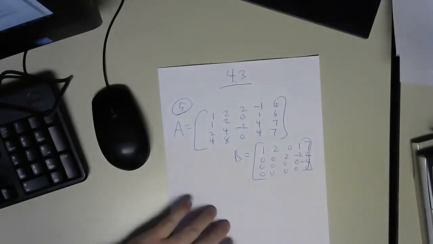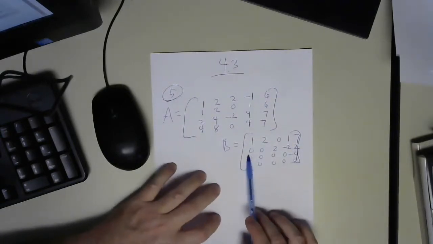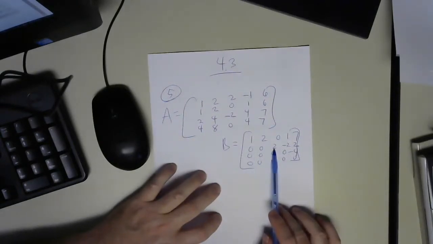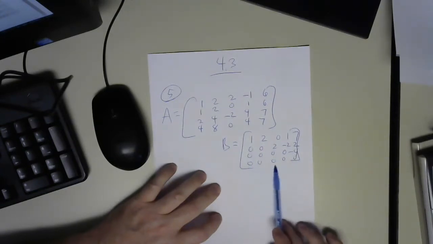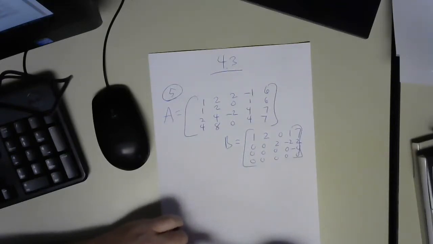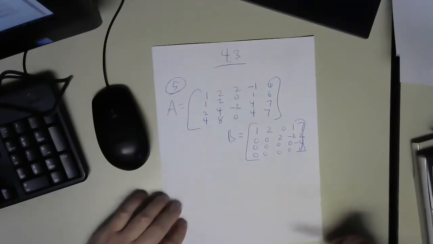Okay, and notice that that's true because the first non-zero entry in the second row is to the right of the first non-zero entry in the first row. First non-zero entry in the third row is to the right of the first non-zero entry in the second row. And we have zeros all below those elements.